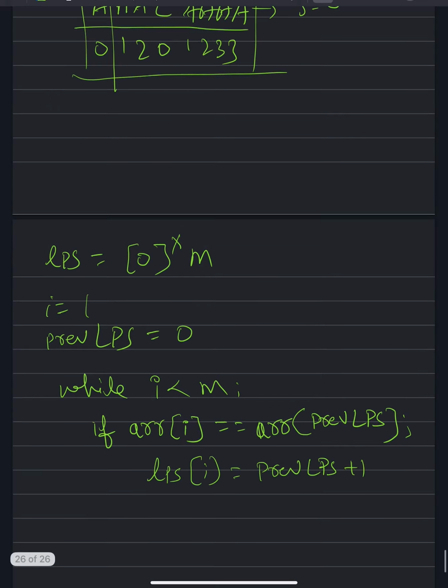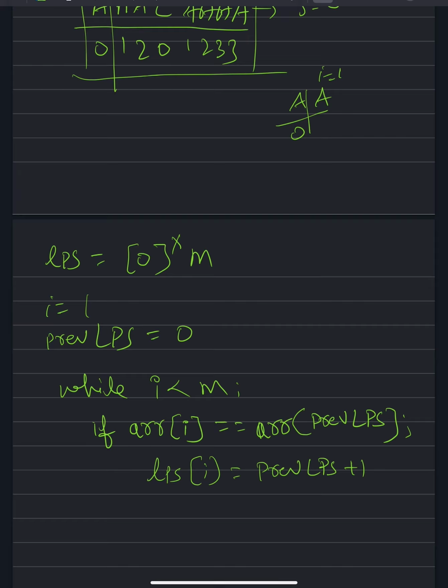Let's see an example, suppose we have AA. For index 0, it's 0. Now we check for I equal to 1 and arr[previous LPS], which is index 0, and it is matching, AA.